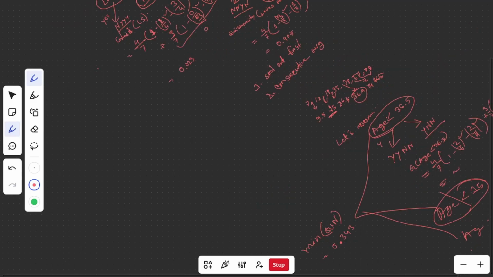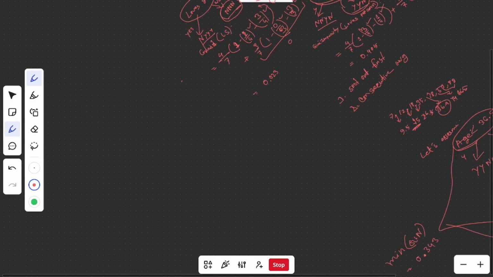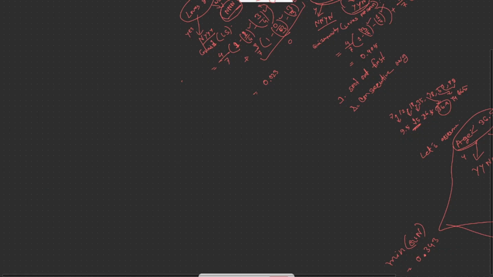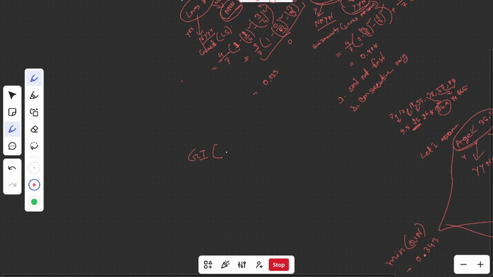Then we have the Gini impurity of each of the 3. Now let's see: Gini impurity of loves popcorn is 0.405. Gini impurity of loves soda is 0.214, and Gini impurity of age, I found, is 0.343.